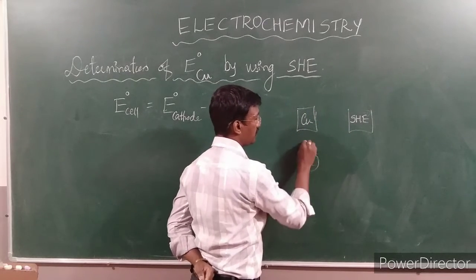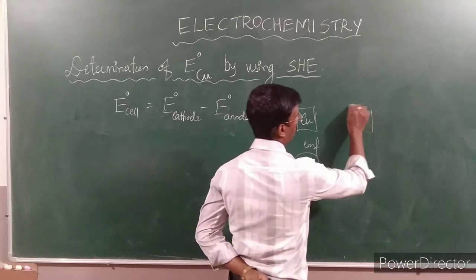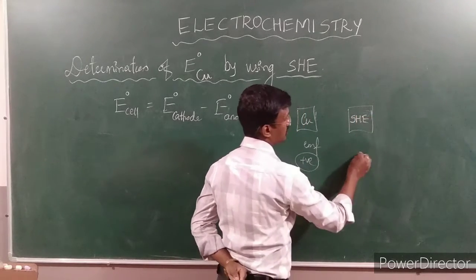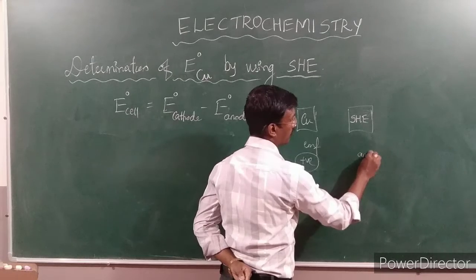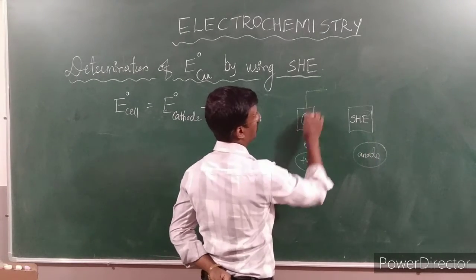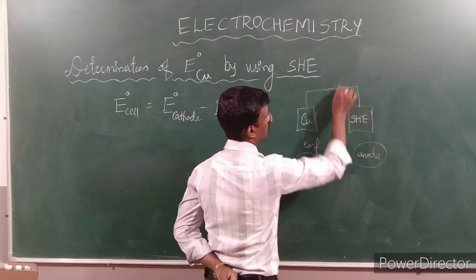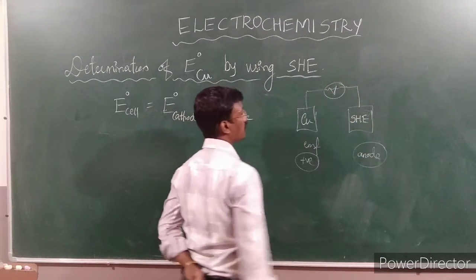For that condition, we are going to connect the SHE to the anode. So we are connecting the copper electrode to the SHE. How much voltage are we generating?